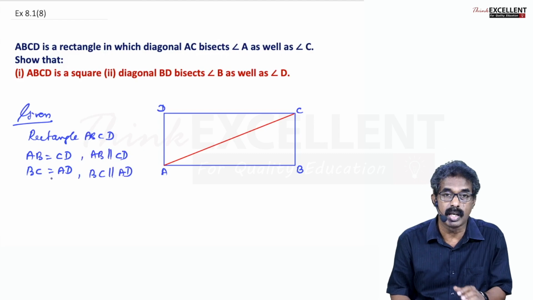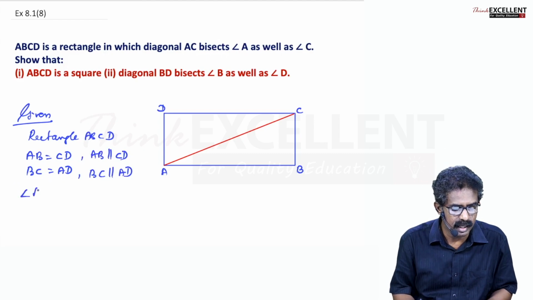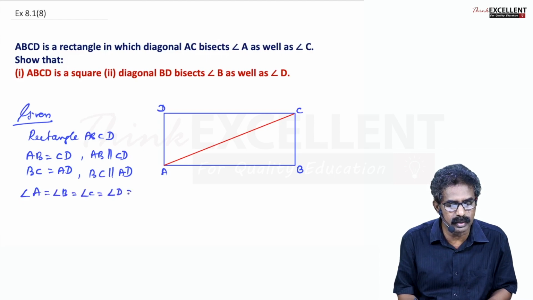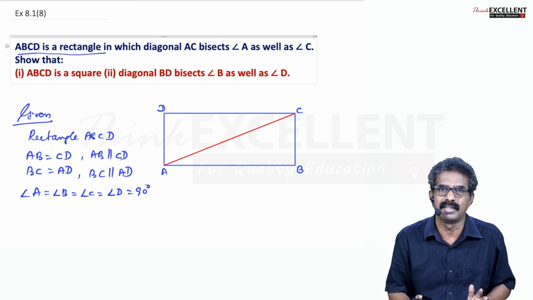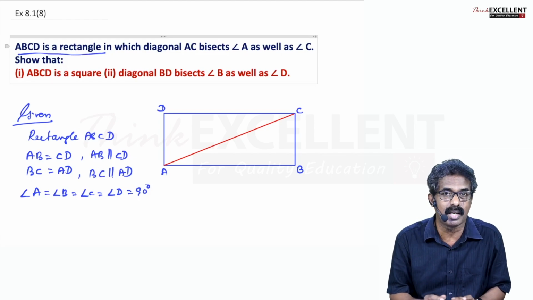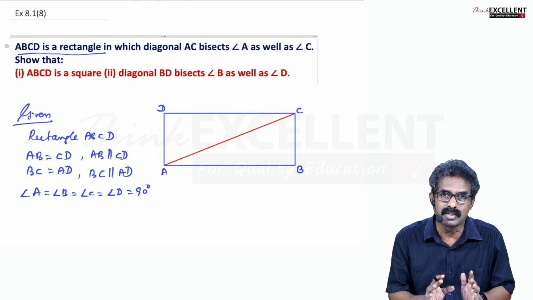What can you say about the angles? Every angle is 90 degrees. Angle A equals angle B equals angle C equals angle D equals 90. We may not use all the results, but they should be in your mind. A rectangle is given, so you can use all these.